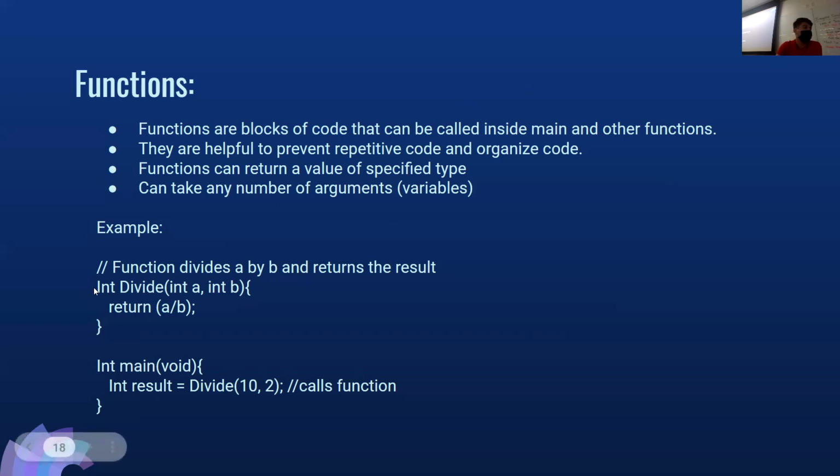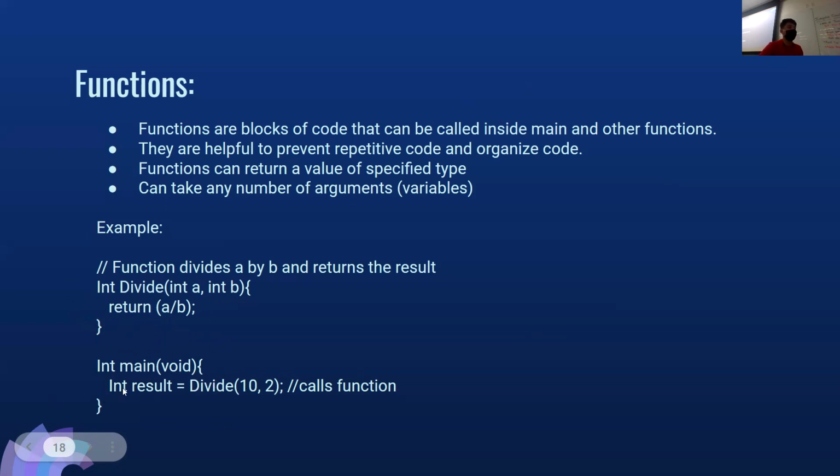So here we made a function called divide that returns an integer and takes 2 parameters. This is just going to return a divided by b. It's a very simple function, probably a little bit unnecessary, but it's just for the sake of example. The way you call it is inside the main function, which is the one that runs. If you don't call this function from the main function, it's not going to be run, because it needs to be explicitly called inside main.